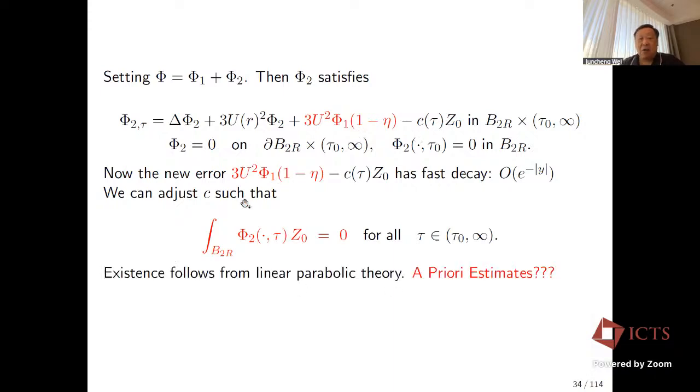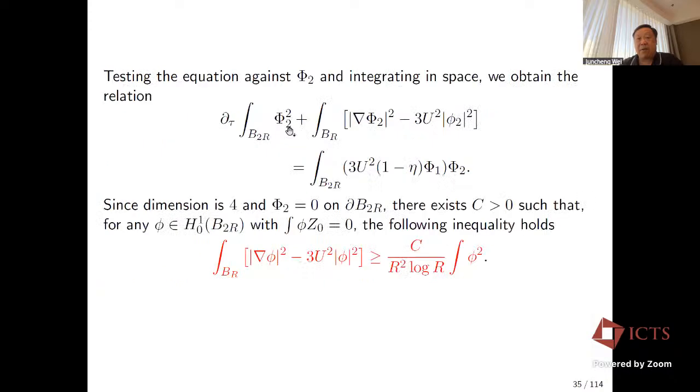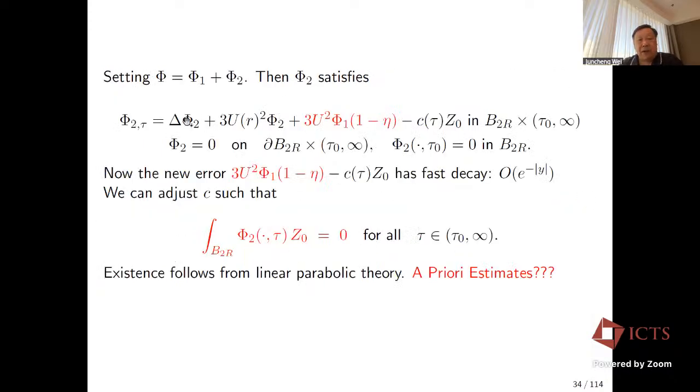So now we need to study this phi 2, which has a faster decay, and we need to understand the upper estimate for phi 2.